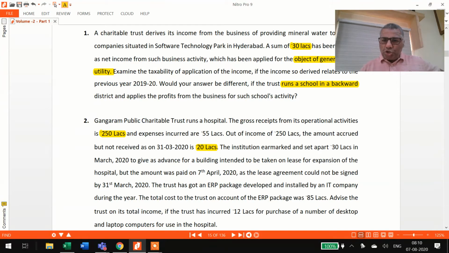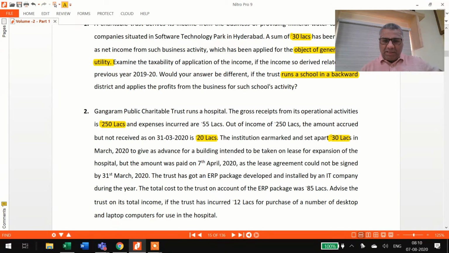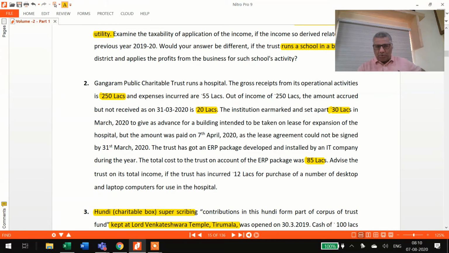The institution marked 30 lakhs in March to give it as building advance as intended to be taken on lease for expansion of hospital, but the amount was actually paid on 7th April as the lease agreement could not be signed. The trust got an ERP developed and installed by an IT company. The total cost was 85 lakhs. Advise the trust on its total income. If the trust has incurred 12 lakhs for purchase of number of desktops and laptops for use in the hospital. Read through.